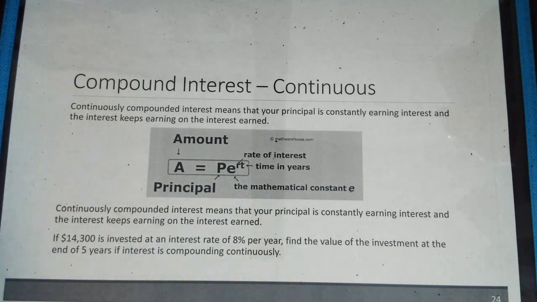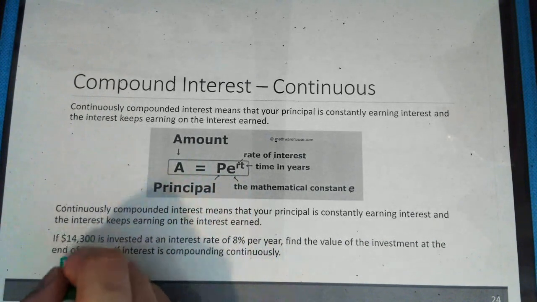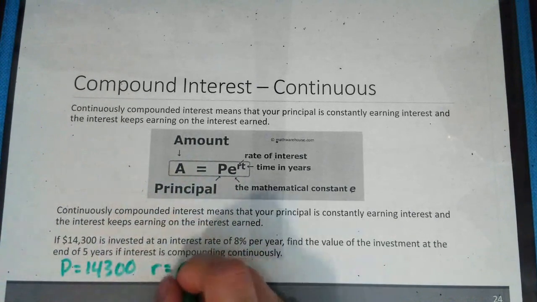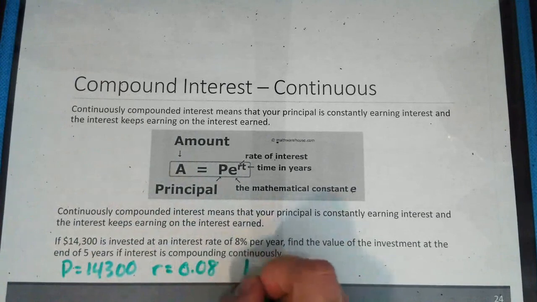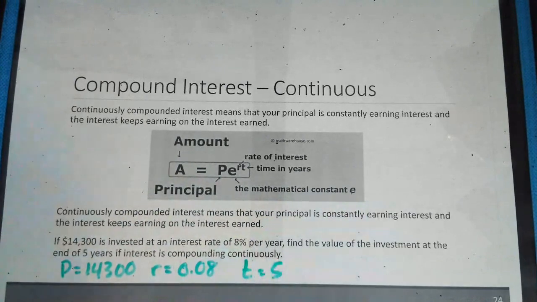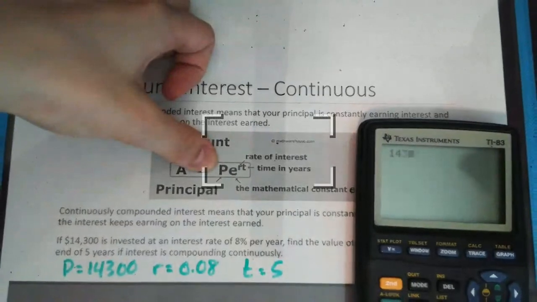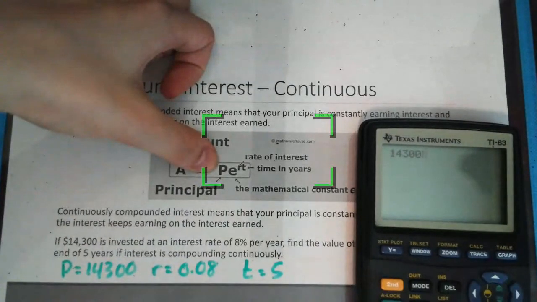So same numbers as before. Our P value is 14,300. Our R value is 8%, which is 0.08. Our T value is 5. So if I plug in my P, 14,300, times E raised to the 0.08 times 5.